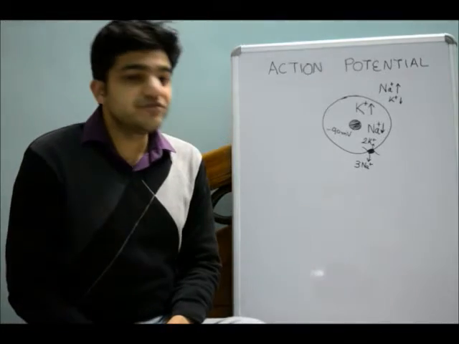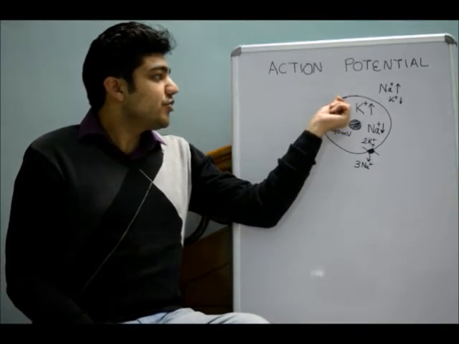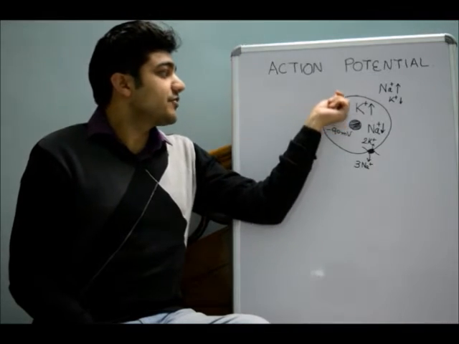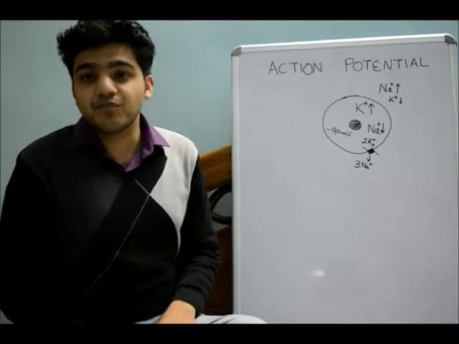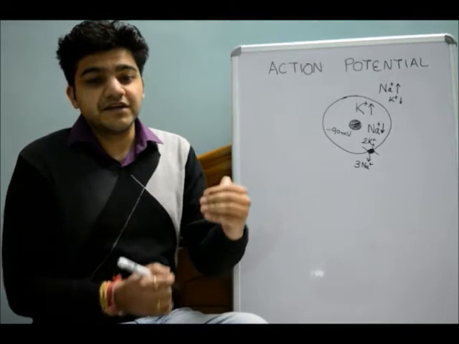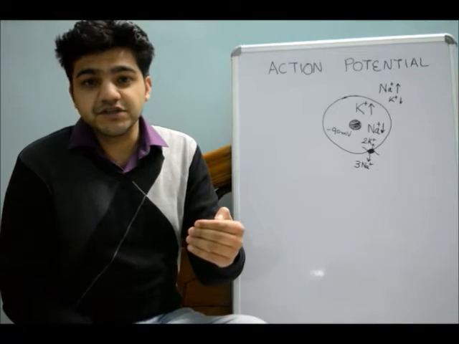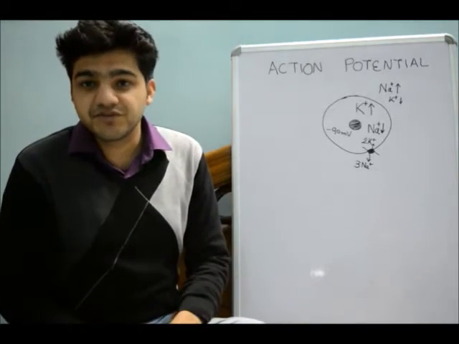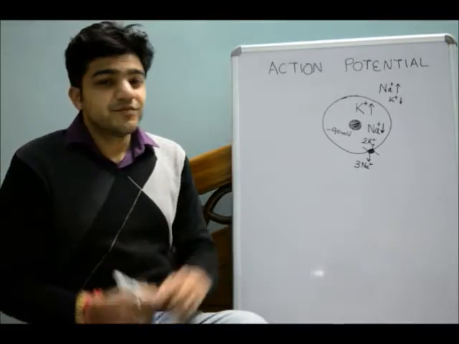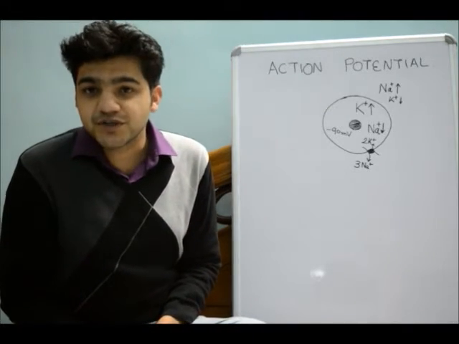What happens is, there is a small change in the potential difference across the membrane at some point. If it is to that degree that it can trigger an action potential, an action potential will be generated. That potential difference is called the threshold potential.